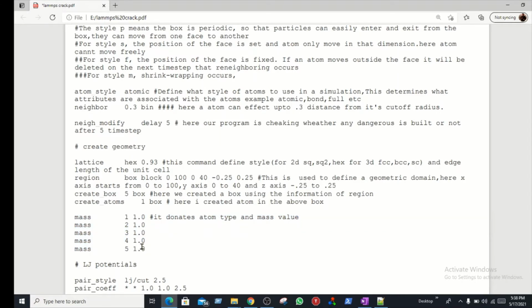That means we are using 5 types of atom here, and then we are creating the atoms with create atoms 1 box. We are declaring that all those types of atom will be in one box.